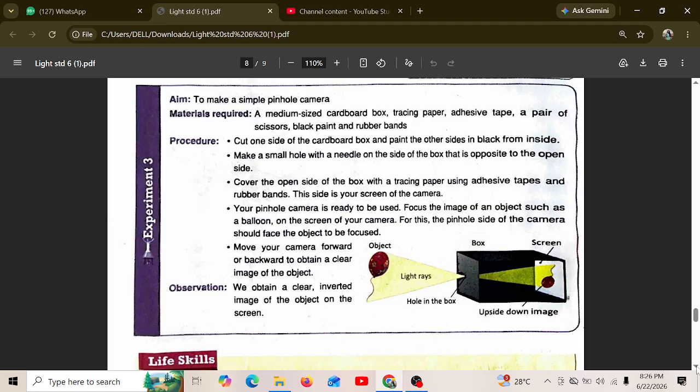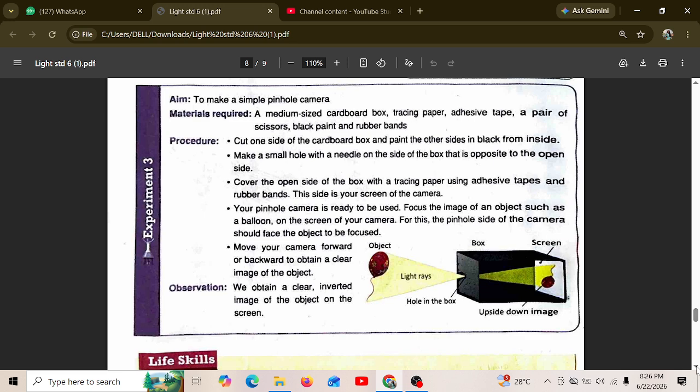We can see exactly the same thing happening in our own eyes, children. Whatever image we see is formed in an inverted way. It forms an inverted version on the retina of our eyes.